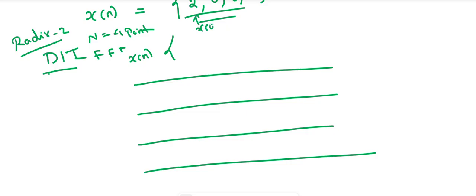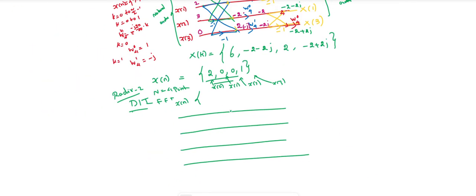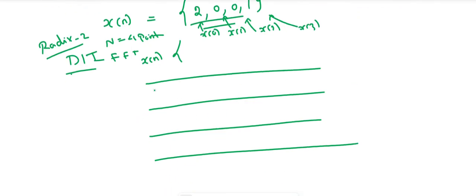This is X of 0, this is X of 1, this is X of 2, this is X of 3. So the input should be in the bit reversal order.